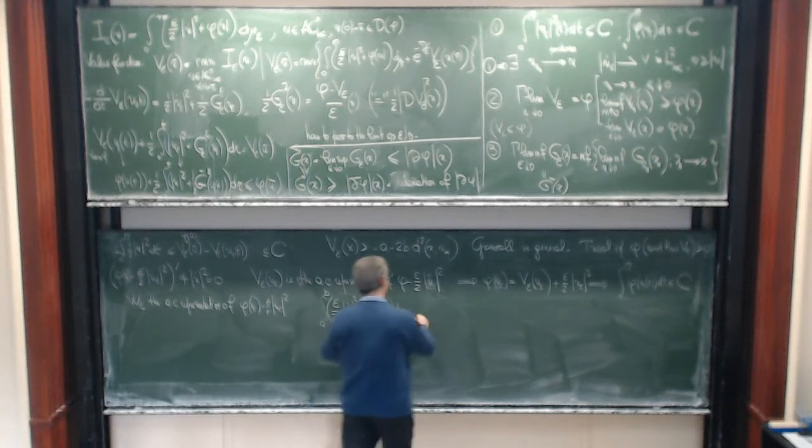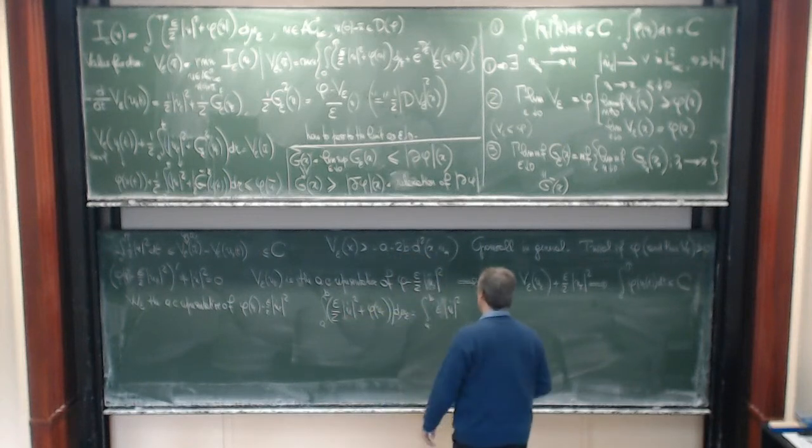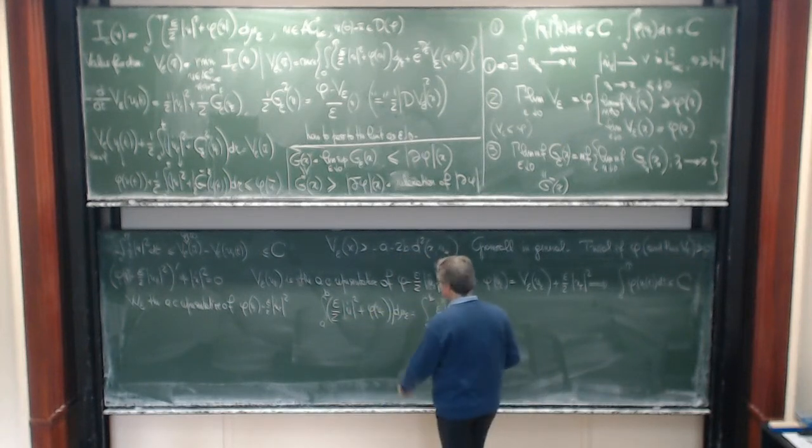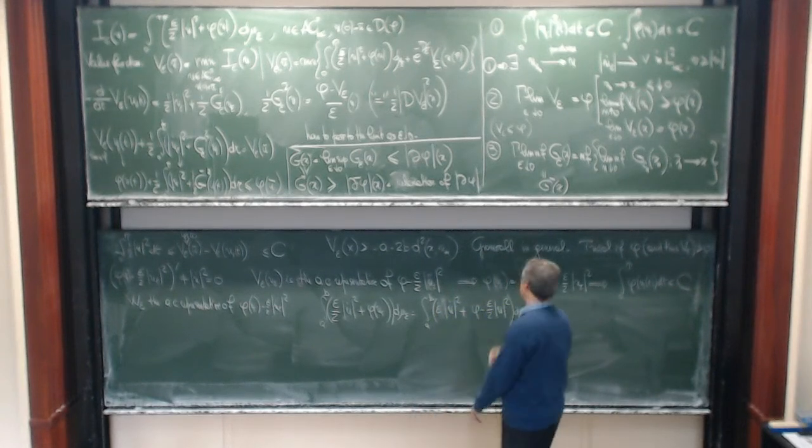Then observe that you can rewrite the integral in this way. You add 1/2 u dot square, so you get u epsilon dot square here, and then you subtract it, so you write phi minus epsilon over 2 u dot square in the measure e to the minus t over epsilon dt.